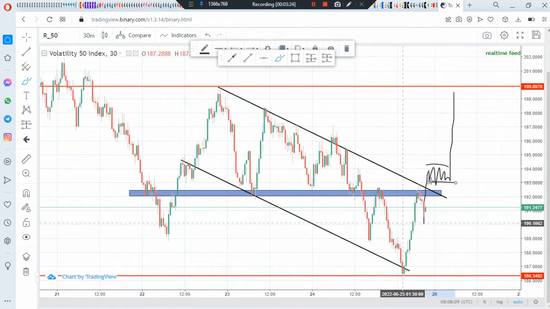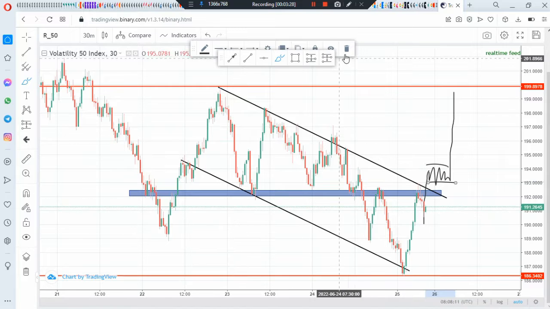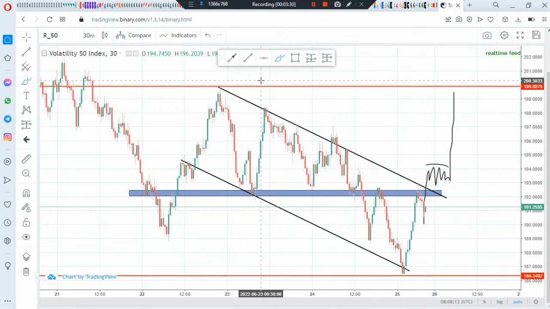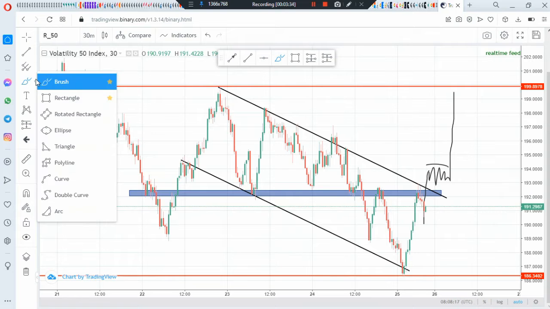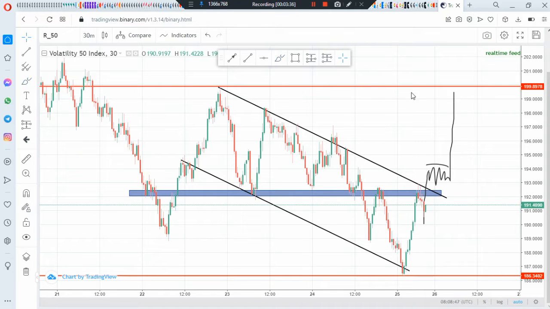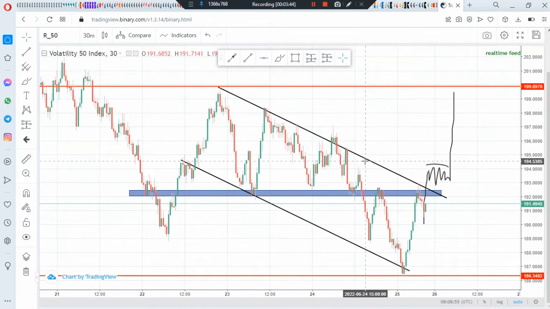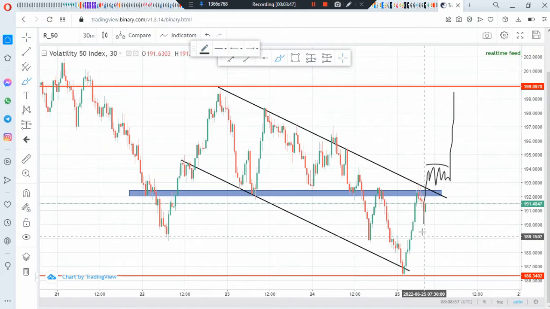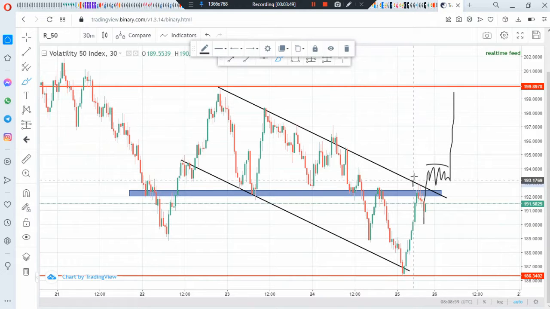This is one way of taking this trade. Another thing that you might look for is a candle close above this area.